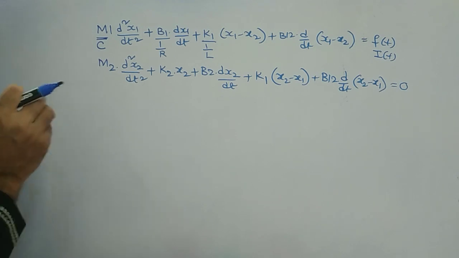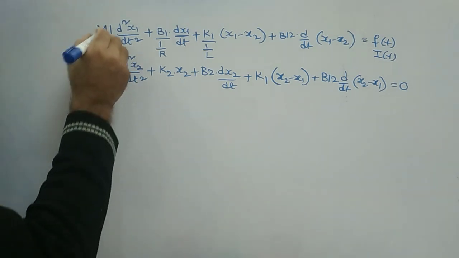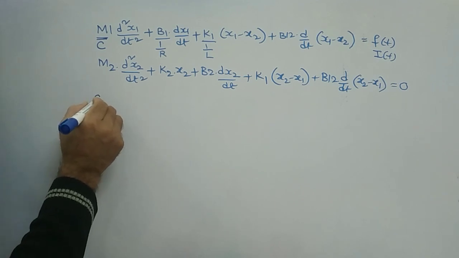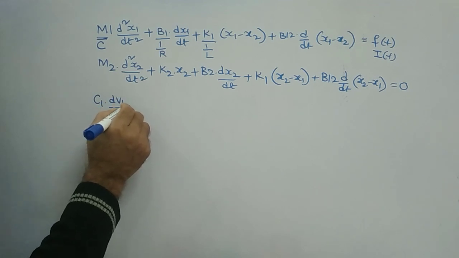So by using your force current analogy, your first equation becomes C1 dV1 by dt. Clear?